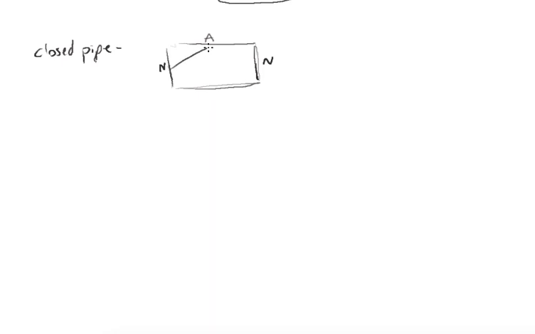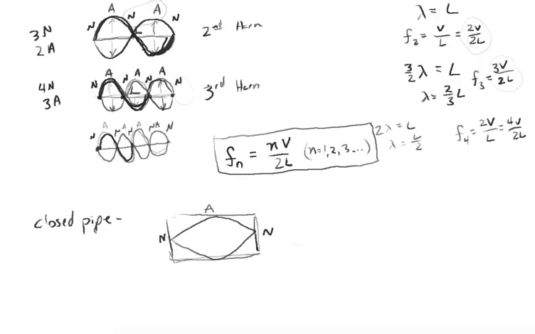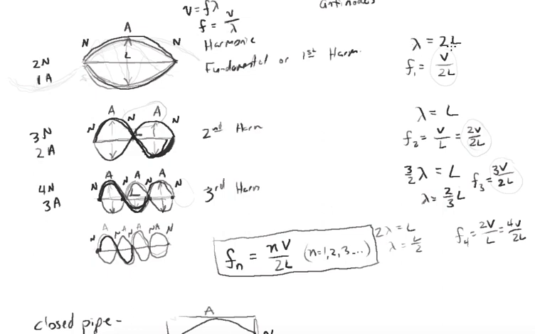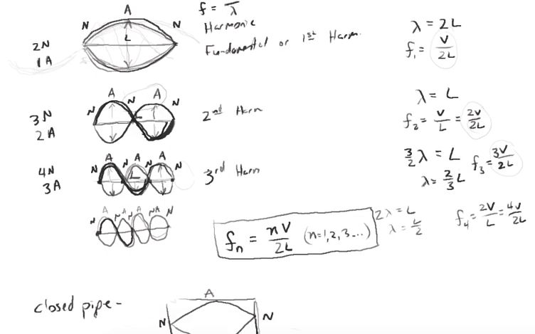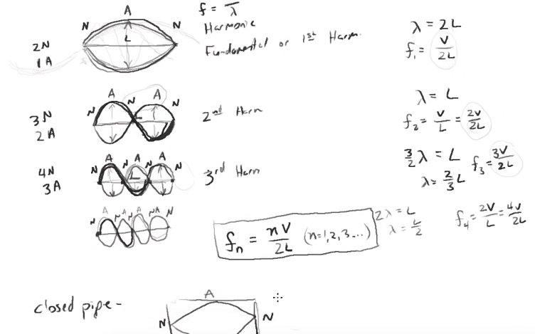We're not really going to draw in the high and low pressures, but we can draw in the wave very similarly. This is going to be where the compressions are, and these are going to be the low ones. Okay, so that's the first one, and this gives us the exact same result that we had up here, right? Lambda is equal to 2L, and so the first harmonic is going to be V over 2L.